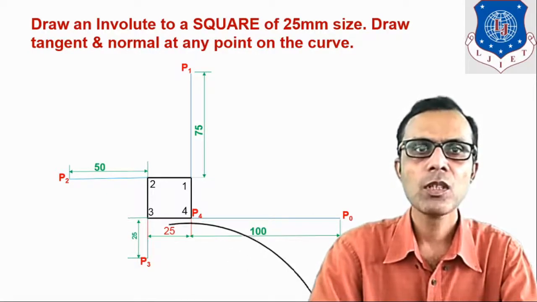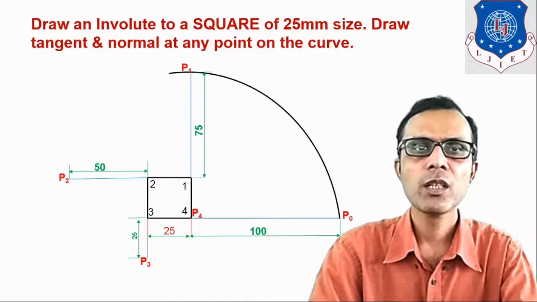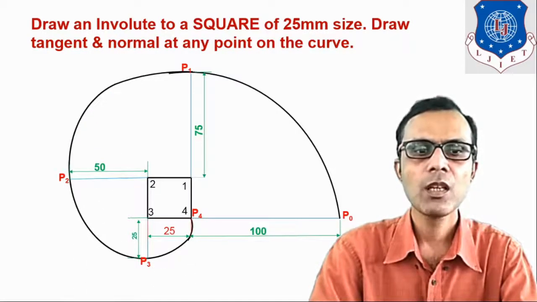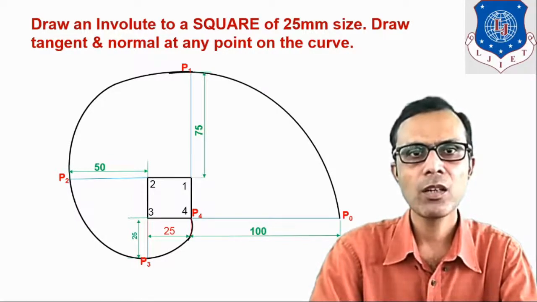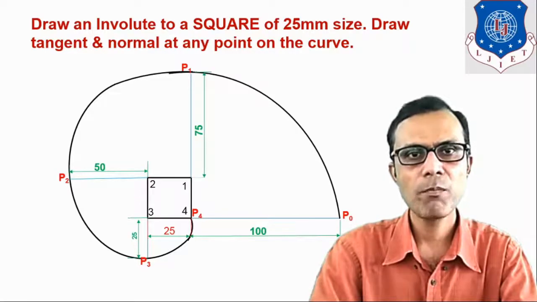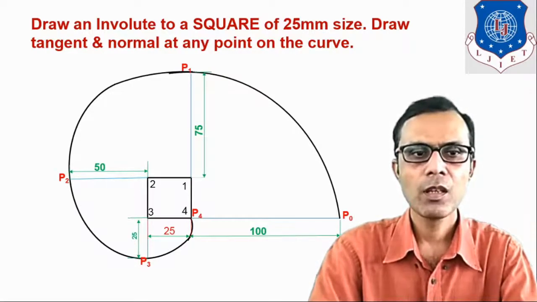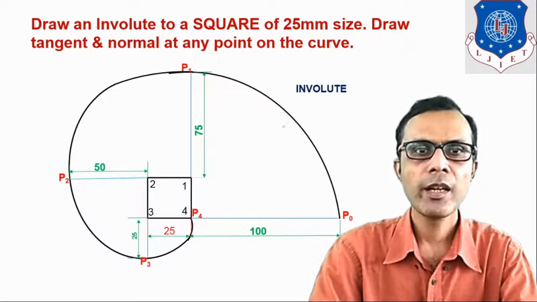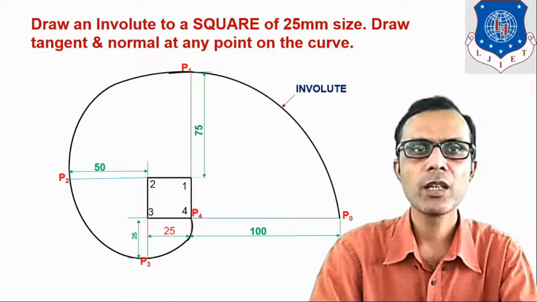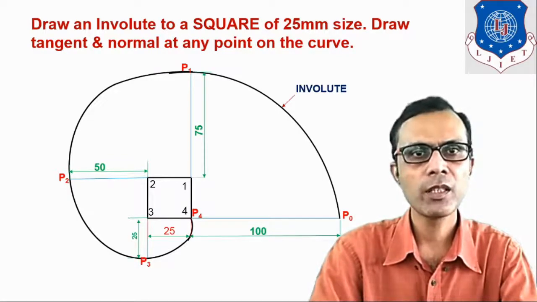So now we will join all these points with a smooth freehand curve. Once it becomes proper, we should make it thick or dark, because the main part of this drawing is the involute.